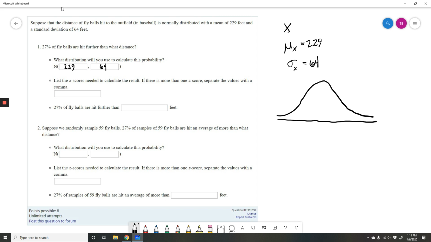So our mean is 229, and we want to find: 27% are hit further than what distance? So we're looking for the top 27%. That's our probability in the upper tail because we want it further than what distance. And then we're looking for what is this value here.